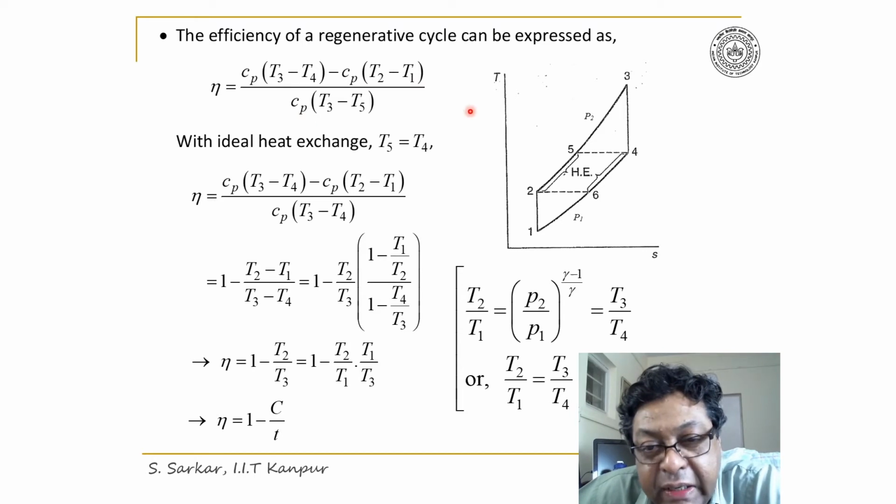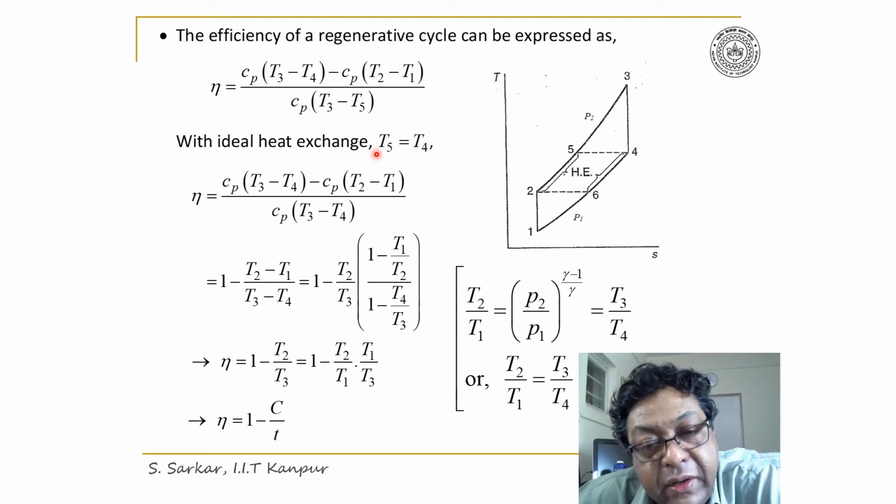Now the part T5 to T2 would be taken care of by the heat exchanger. For an ideal heat exchanger, we have assumed T5 would be equal to T4. Thus, in the expression of heat added, T5 would be replaced by T4.